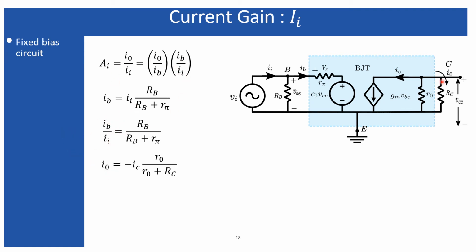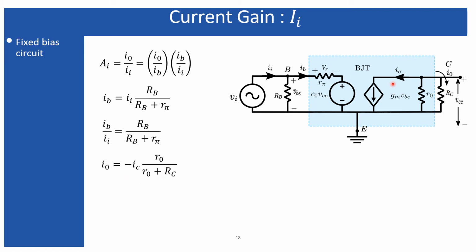Next one is the I naught output current, which is flowing through the RC. And what is that? I naught is nothing but derived from this IC. If you alter the direction of this IC, you have to include a negative sign before this IC, and that is why I have included this negative sign over here. And here also, a simple application of the current divider rule will give this I naught.